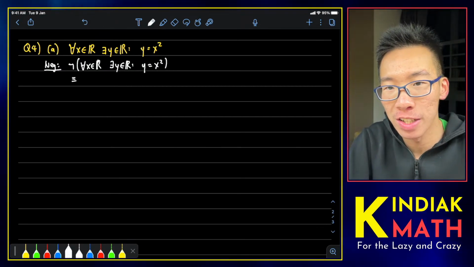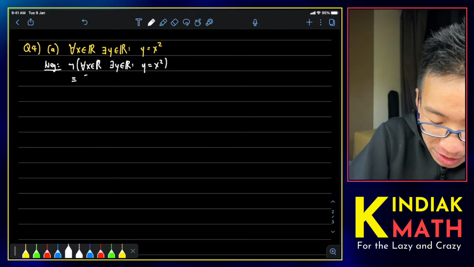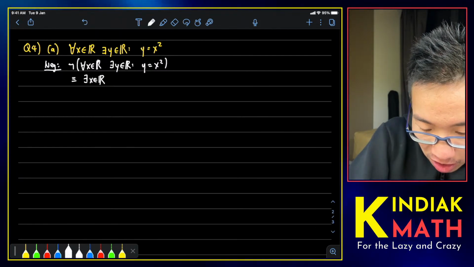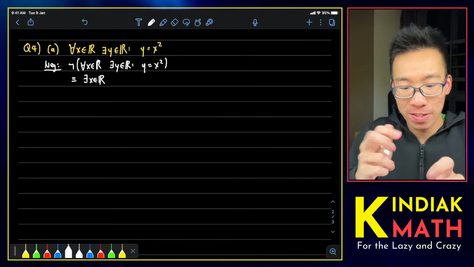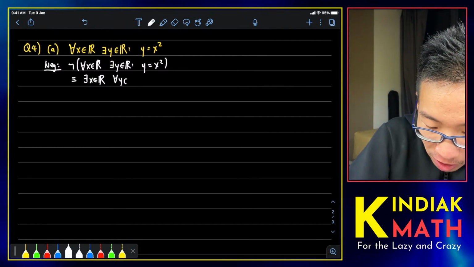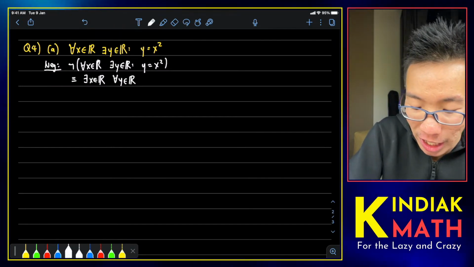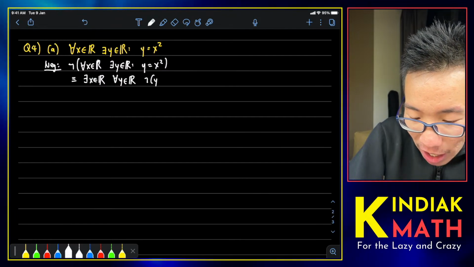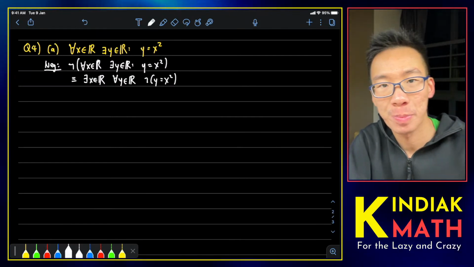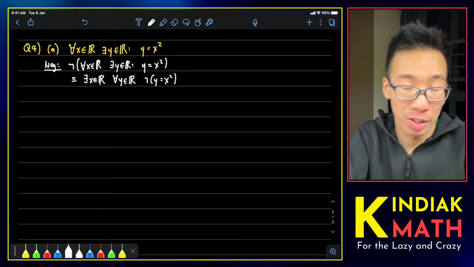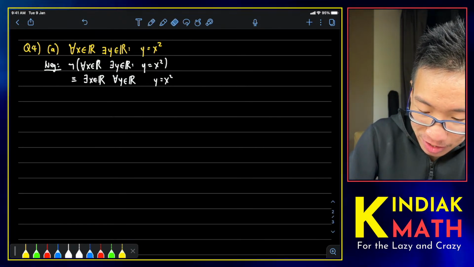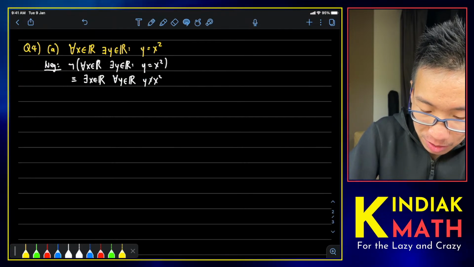So we can push in the negation on the for all to get a there exists. We can put in the negation of the there exists to get a for all. And we can consider the negation of y equals x squared. And well, the negation of y equals x squared is actually y is not equal to x squared. So that is the negation.